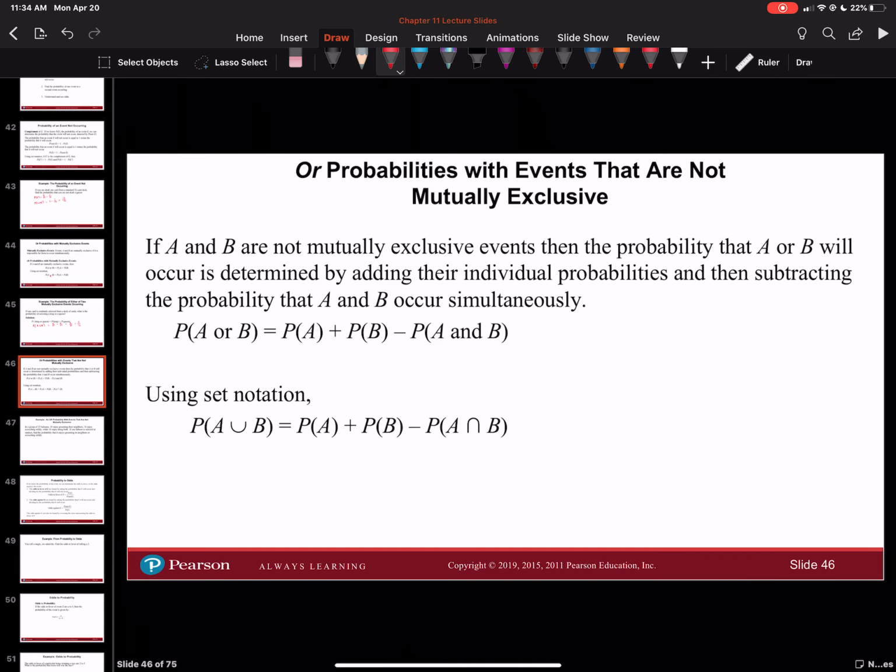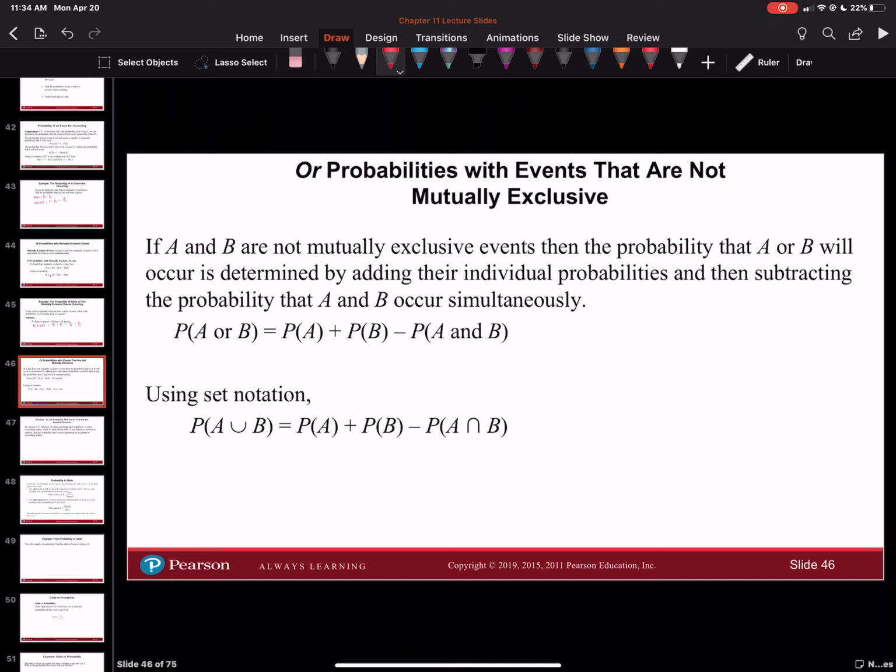So let's look at this. Probabilities with events that are not mutually exclusive. If A and B are not mutually exclusive events, they affect each other. If one happens, it affects the other. Then the probability that A or B will occur is determined by adding the individual probabilities, then subtracting the probability that A and B will occur simultaneously.